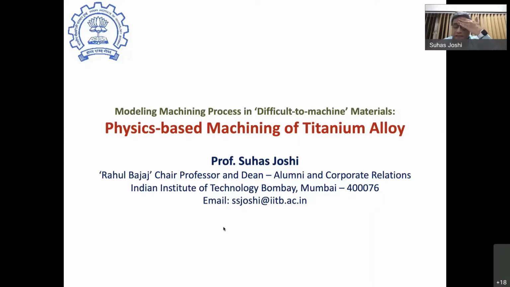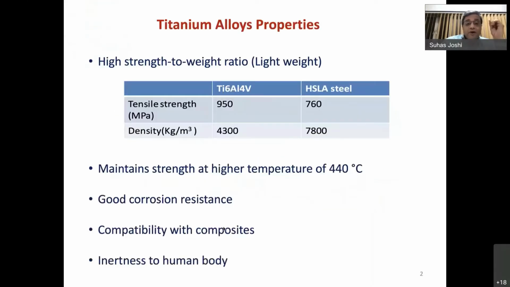We always find that our experiments are somewhere and our theoretical predictions are pretty far away from the experimental results. That is because we do not have complete knowledge of the physics of the process. There are many small phenomena happening during the processes, and we just don't take them into account while modeling. So I titled this as physics based machining of titanium alloys.